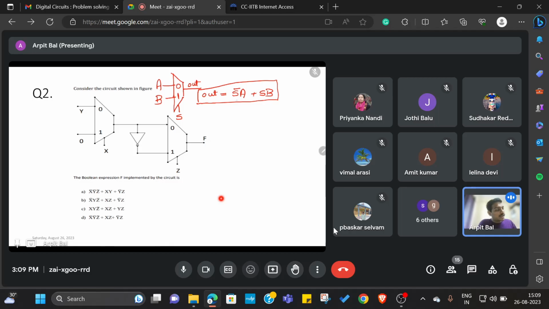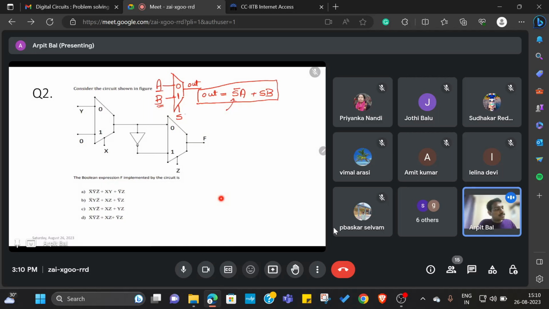So how did we come up with this expression? Let us say S is equal to 0. If we select S is equal to 0, then the output will be A, right? So that's why I wrote S bar into A. S bar is high when S is equal to 0, right? Then I wrote plus S into B. So when S is equal to 1, then B is selected, right?